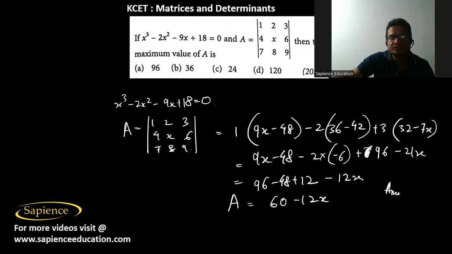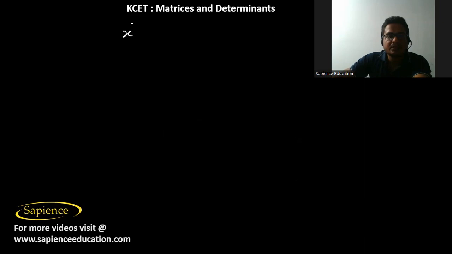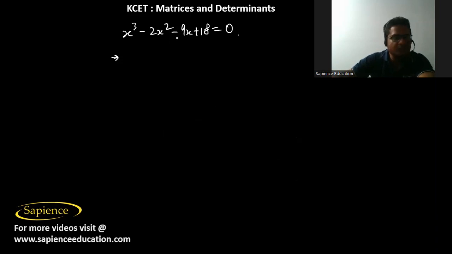We have to find the maximum value of A. So first, from the given equation we can find the values of x. Here x cube minus 2x square minus 9x plus 18 equal to 0. If we factorize, this is x cube minus 9x, then minus 2x square plus 18, equal to 0.